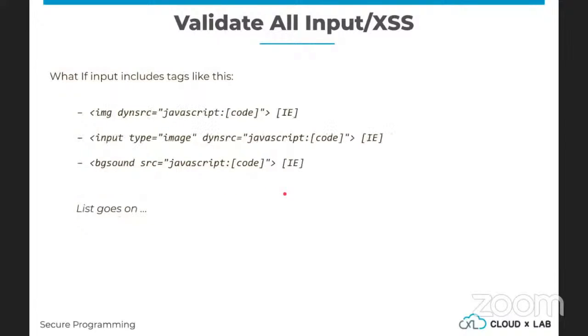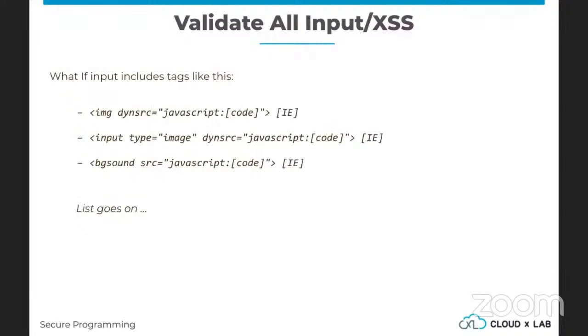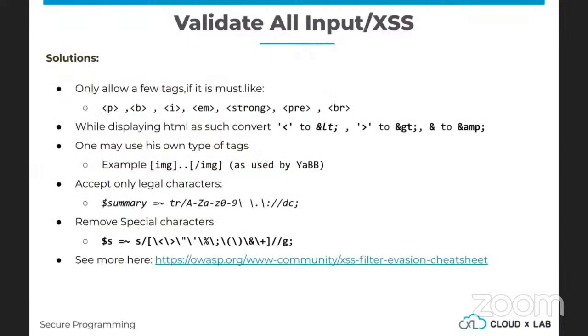So what if the input includes tags like this? IMG, dynamic source, input type image, and so on. There are so many bugs that exist in various browsers, and therefore the better way is to only allow very few tags. Do not allow all kinds of tags with all kinds of attributes.